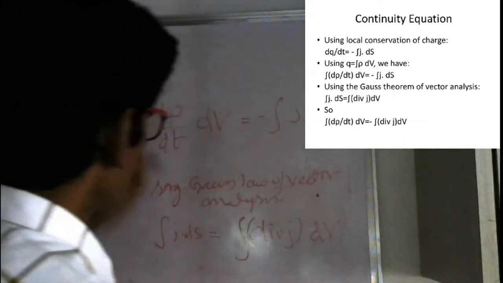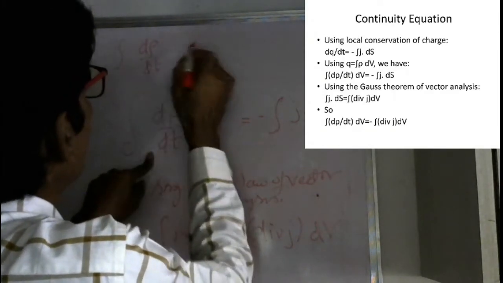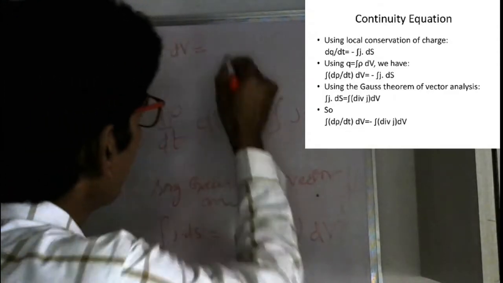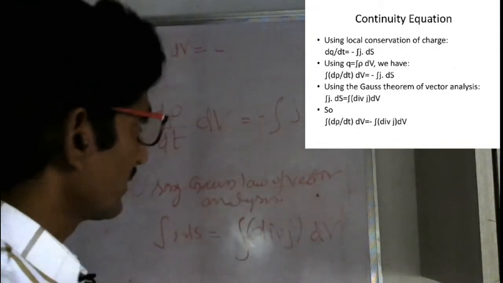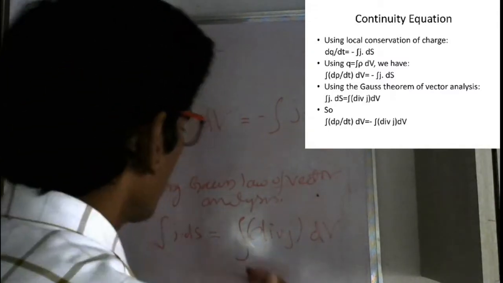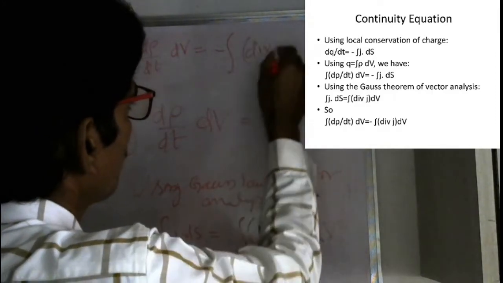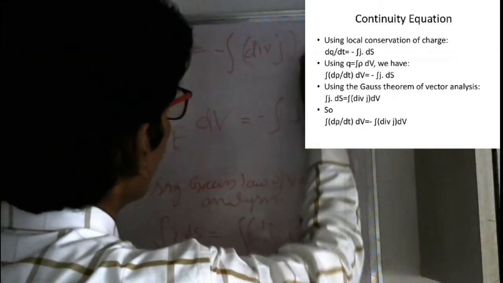On the left I write the integral of d rho by dt dv, and on the right I write the expression obtained using the Gauss law: the volume integral of div J dv, not the surface integral.